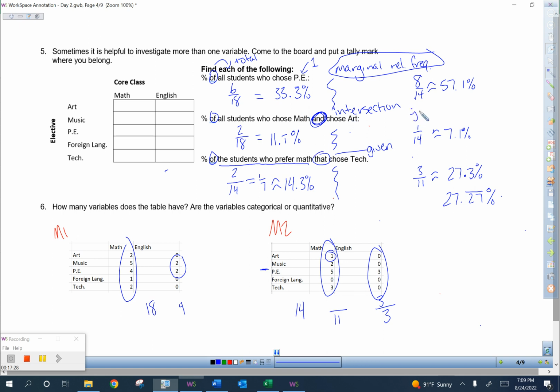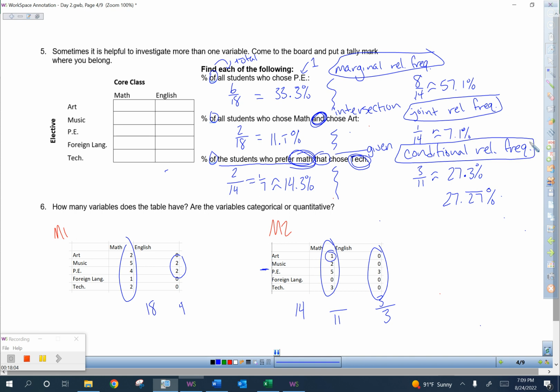So this one is joint relative frequency. And finally, it's of the students who prefer. Okay, so of one variable, we're looking at the other variable. That is your conditional. A conditional relative frequency will always have you narrow the total on the bottom down to a single row or single column total value.